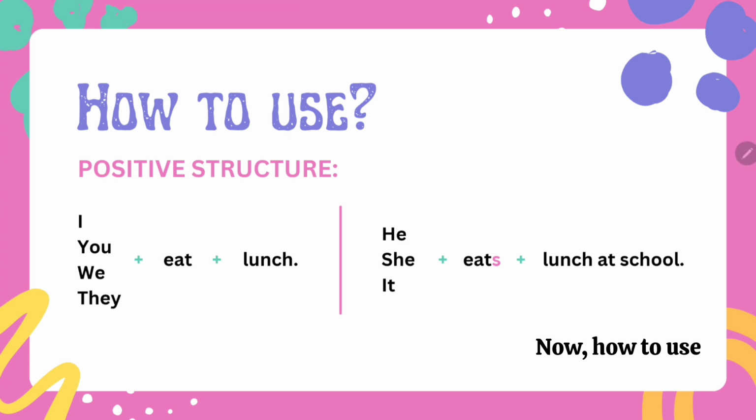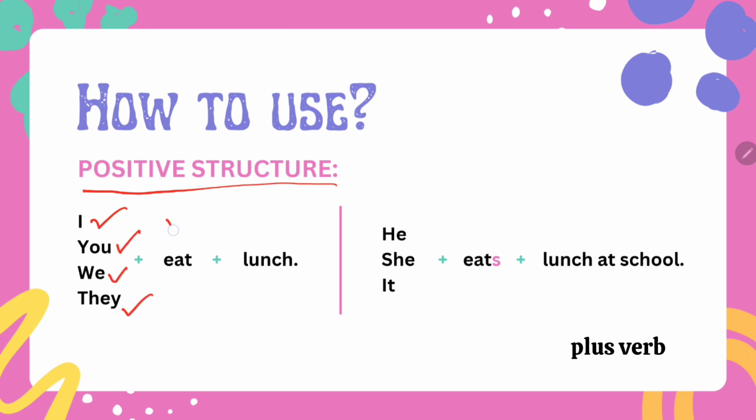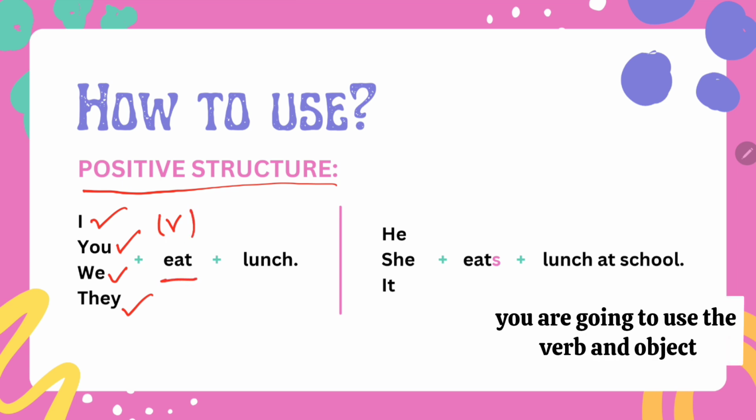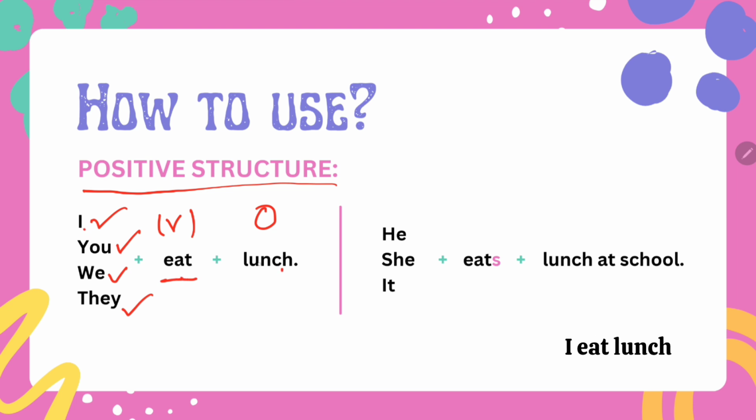Now, how to use the structure? Positive structure: I, you, we, they plus verb. So you are going to use the verb and object. I eat lunch. You eat lunch.